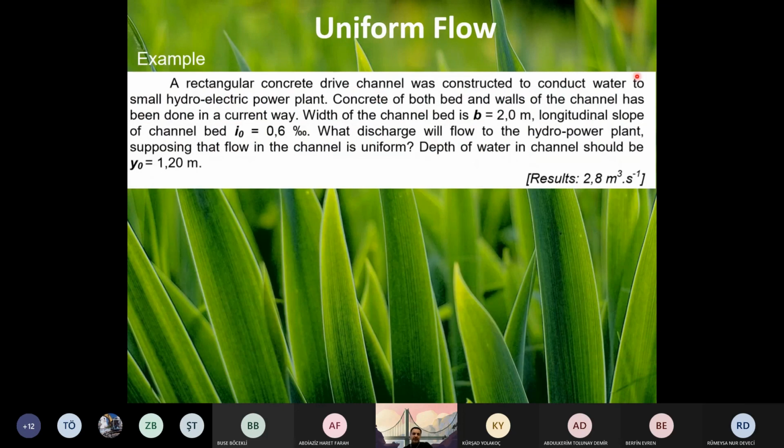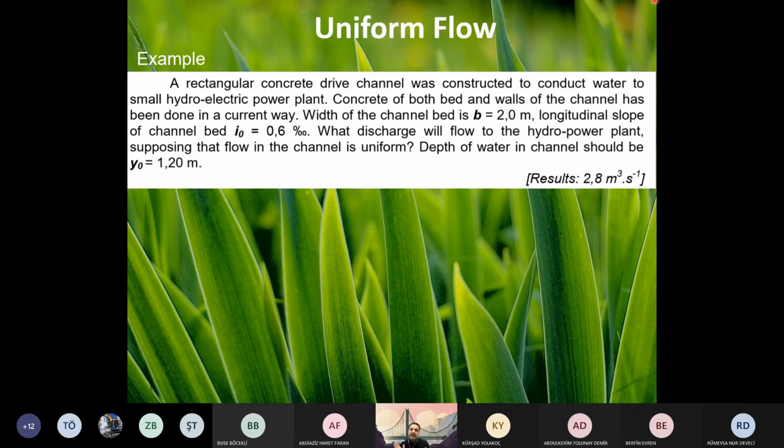So let's have an example to see how we can use the Chezy formula to calculate velocity in a uniform flow. The example says a rectangular concrete channel, a man-made channel or canal, was constructed to conduct water to a small hydroelectric power plant.